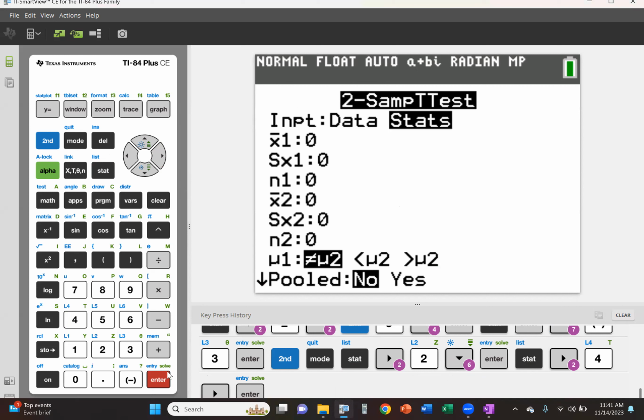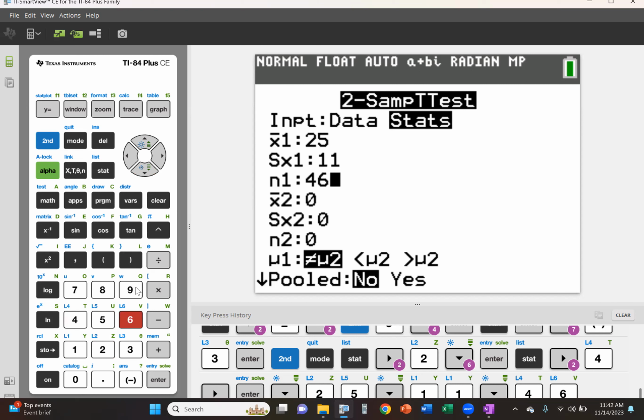Our X bar was 25 with a standard deviation of 11, and our sample size was 46. It's not a proportion, we're looking at averages.